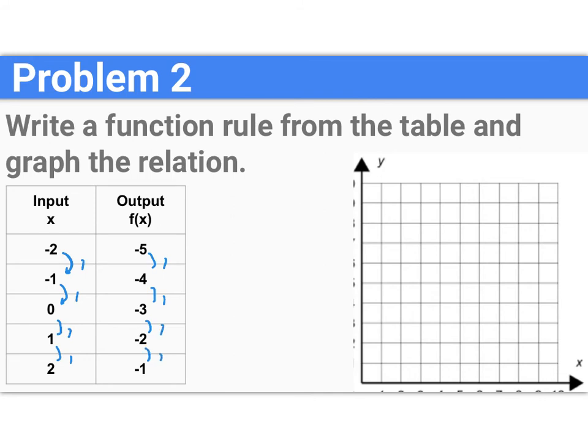Okay, so I don't have any positive points on here. So we're going to have to guess. So the first thing we do is find the change in f of x, which is 1, over the change in x, which is 1. 1 divided by 1 is 1. So our equation is f of x equals 1x.